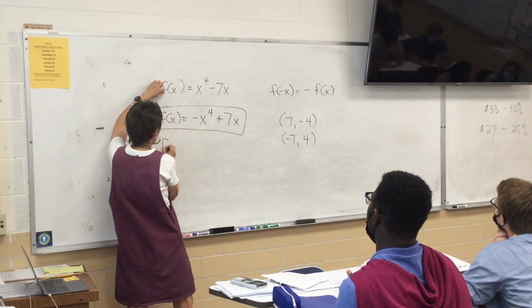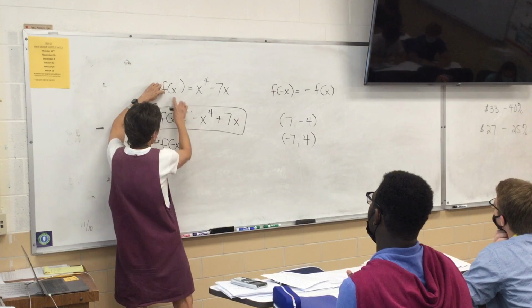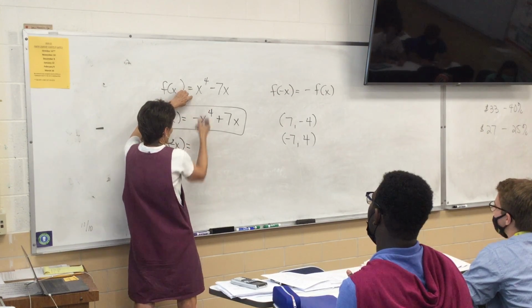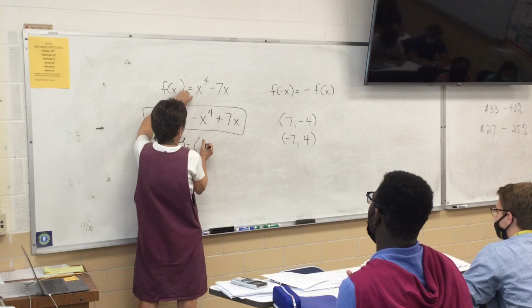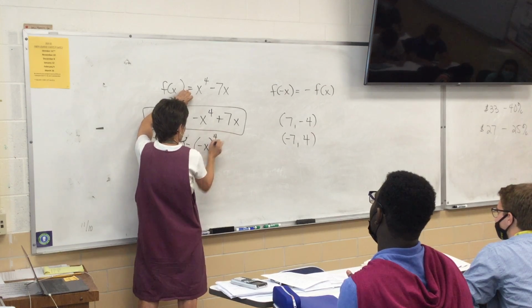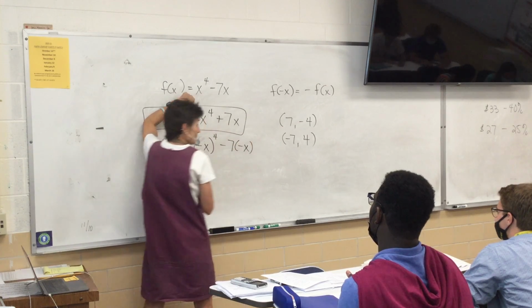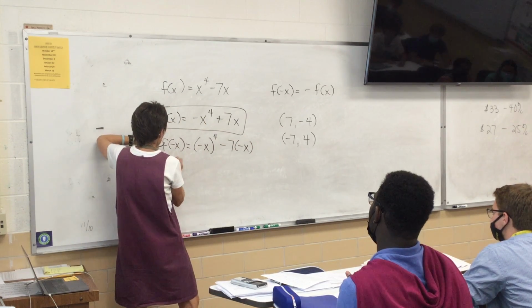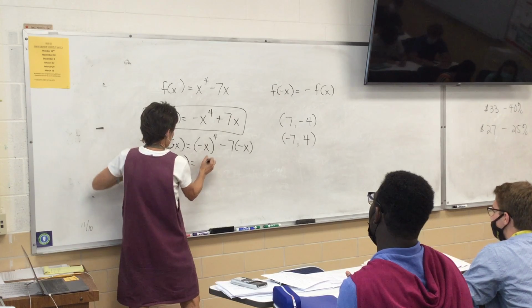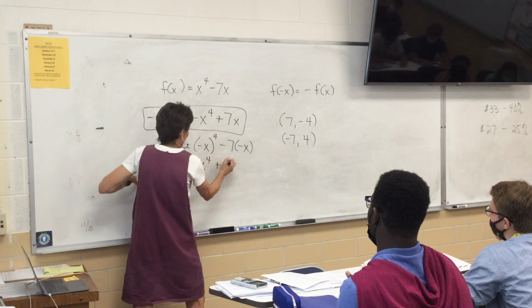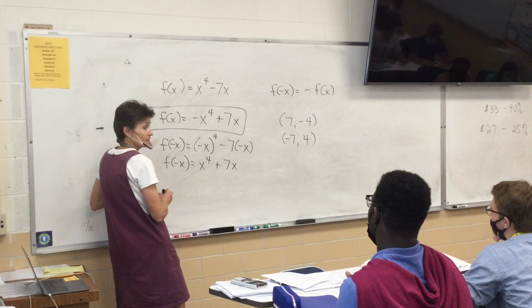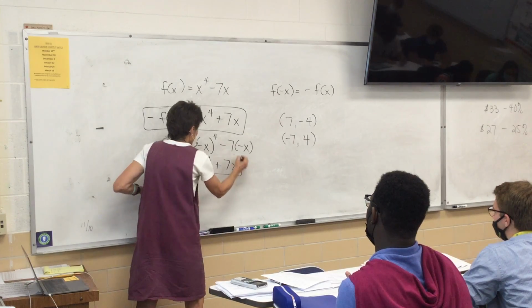Now, what happens if I input a negative into this problem? I get negative x to the 4th minus 7 negative x, right? So f of negative x equals x to the 4th plus 7x. There's the other part of the definition.